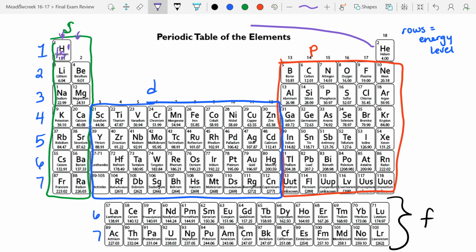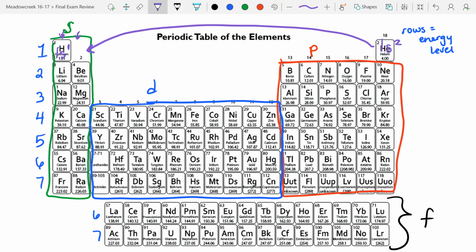Helium actually goes in this section here for electron configuration. It's just in this column because it acts like all of those other ones because it's filled. But it would be 1s2. It's on my first row, it's in my S block, it's got 2 electrons.